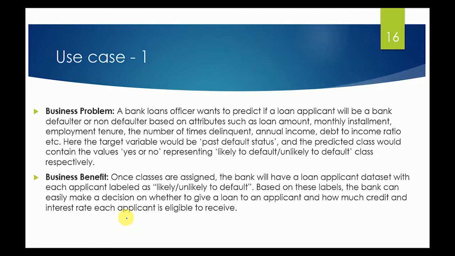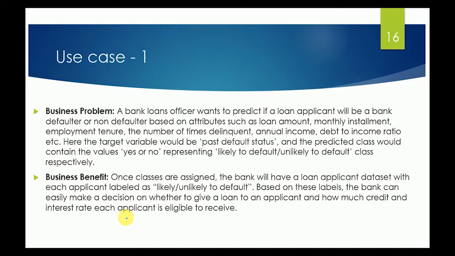So he has some past data, and from that past data he can generate a naive-Bayes model to predict whether a customer falls into the category of a defaulter given his other attributes. And in terms of business benefit, the naive classifier is useful there also.